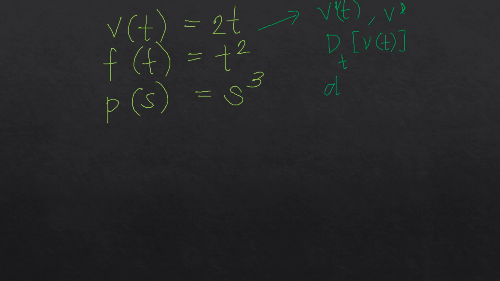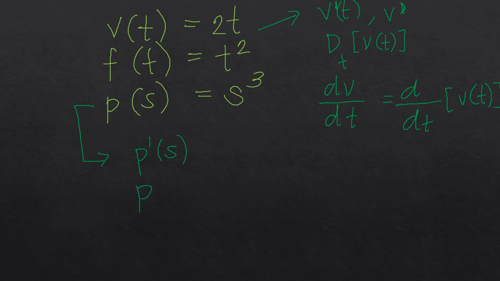You can also have dv over dt, that is a derivative of function v with respect to time, let's say t, which is also equal to the derivative of v of t with respect to t. So if you have this p of s here, then you can have p prime of s when it comes to the derivative, which is also p prime.